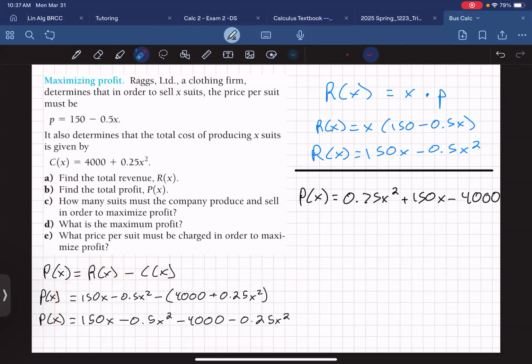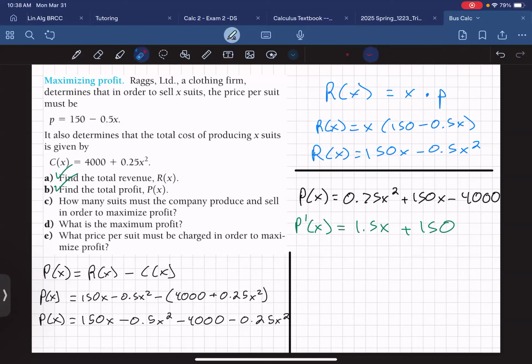Okay. Now, with that said, we've worked on two parts of this, and they want us now to find how many suits the company must produce and sell in order to maximize the profit. Well, as we talked about before, let's just jump in and do the derivative. So I'm looking for how I can maximize the profit. This will give us 1.5x plus 150, which is actually kind of nice.